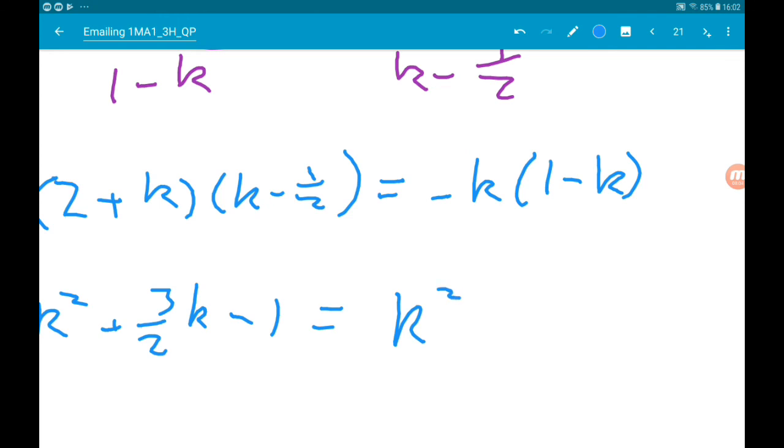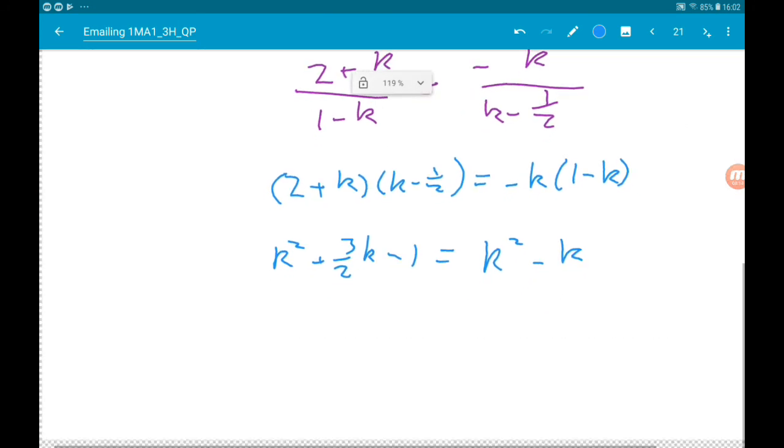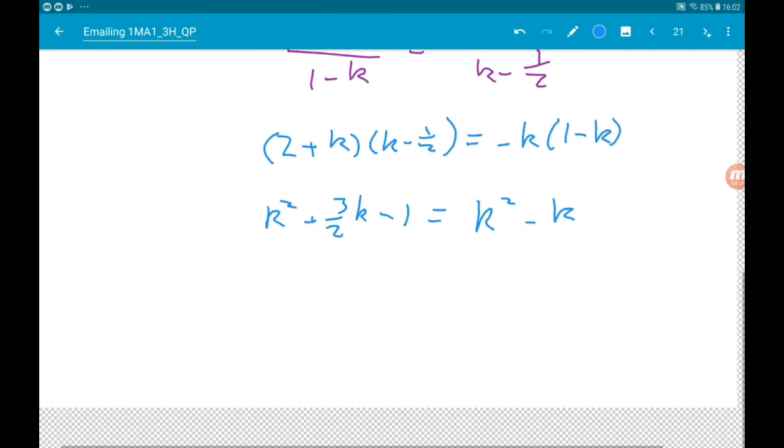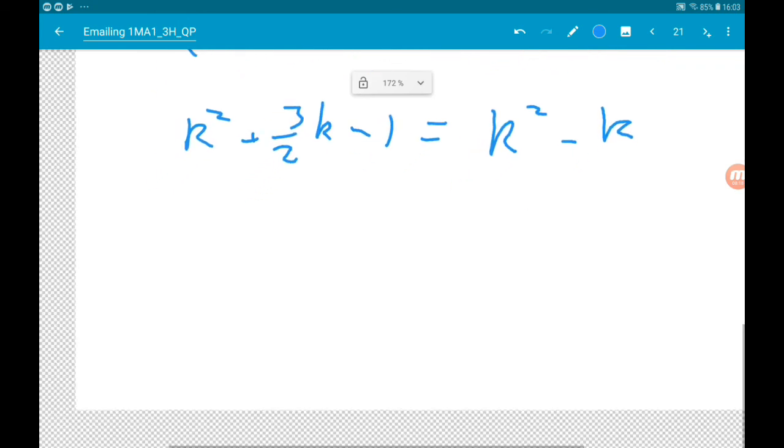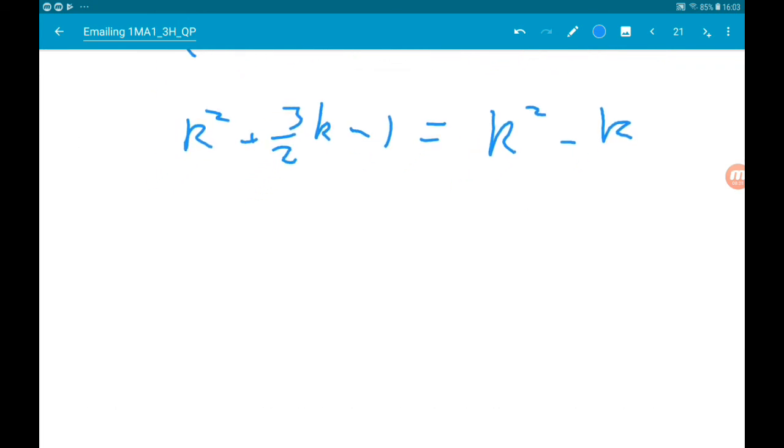And then minus k times 1 is minus k. Now we're nearly there, the worst is over. So we have a k squared on both sides, so we can take those away. So we then got 3 halves k minus 1 is equal to minus k.